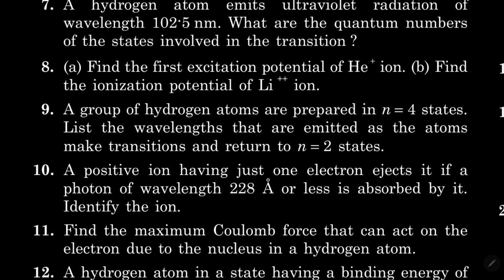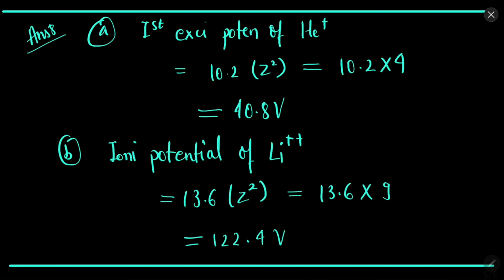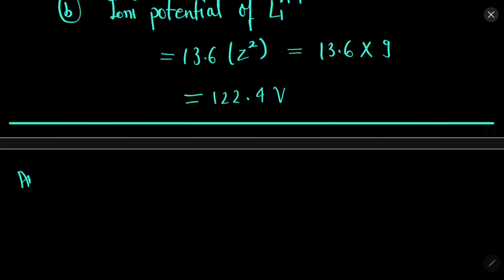In question 9, a group of hydrogen atoms are prepared in n equal to 4 states. List the wavelengths that are emitted as the atoms make transitions in return to n equal to 2 states. So this is the ninth one.